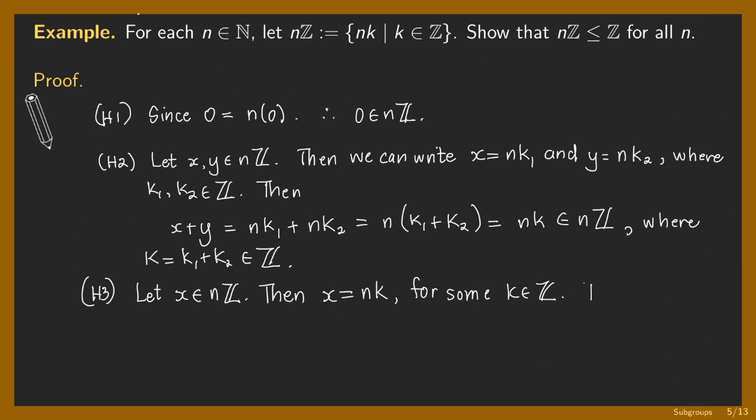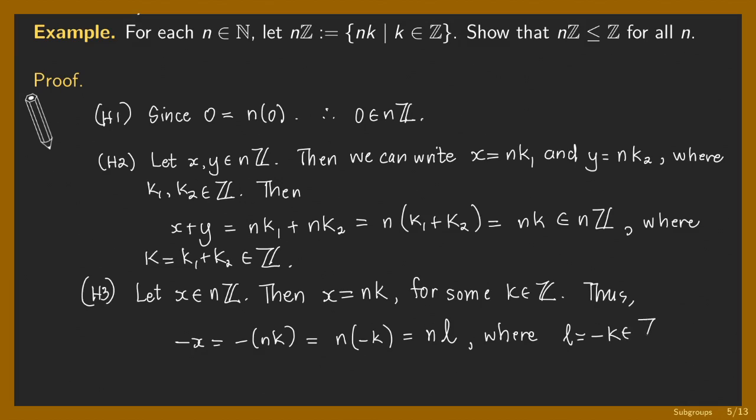So we compute for what? Minus x. That's minus nk. But we know from algebra that this is just n times minus k. Or this can be written as nl, where l is just minus k and this is another integer.